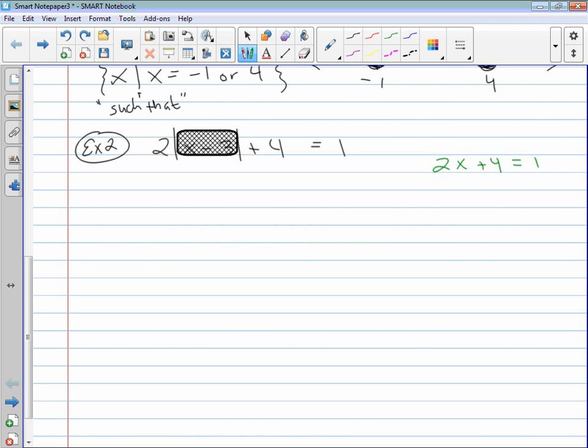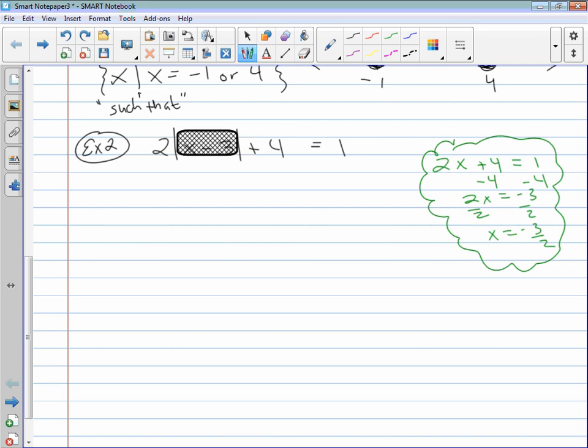So here's my little thought bubble. Over here you subtract 4, and then you would have 2x equals negative 3, and you divide by 2. So then you would have x by itself. We'll do the same thing over here. Notice what I did not do. Did not distribute. This time, it looks so tempting.